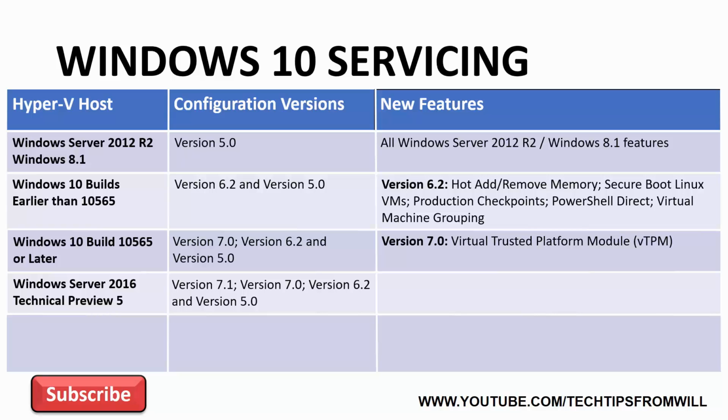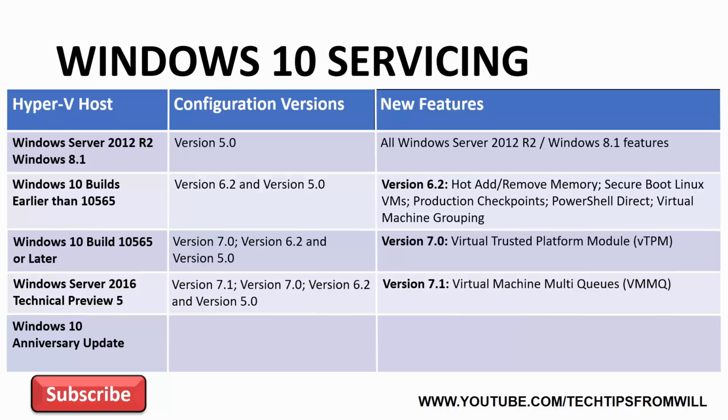With it came support for version 7.0, version 6.2 and version 5.0 virtual machines. Version 7.1 virtual machines support all the features of the previous configuration versions, but also add a new feature, Virtual Machine Multiple Queues.